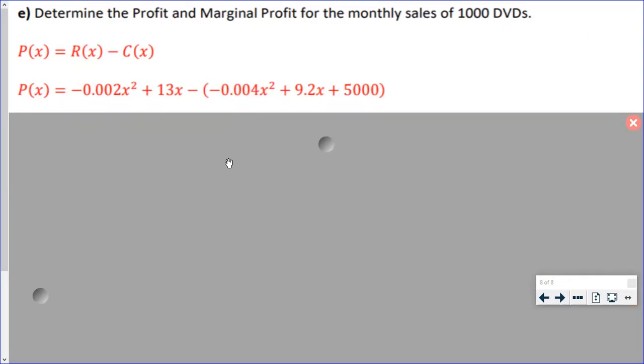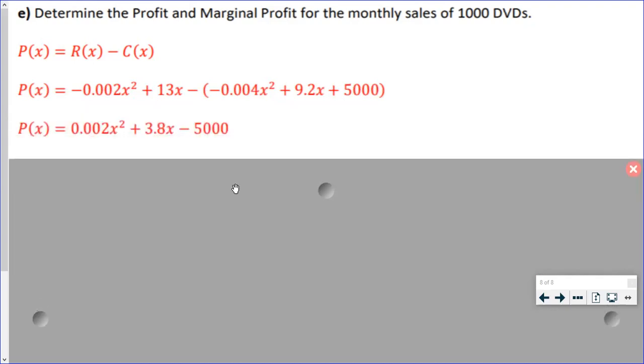Both were quadratic equations, so when you subtract them, you still have a quadratic equation. You're never going to be given the profit function; you would always be asked to solve for it by taking revenue minus cost.